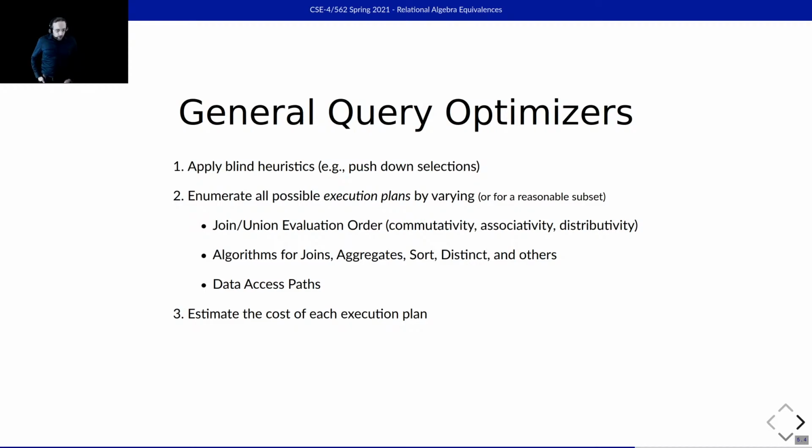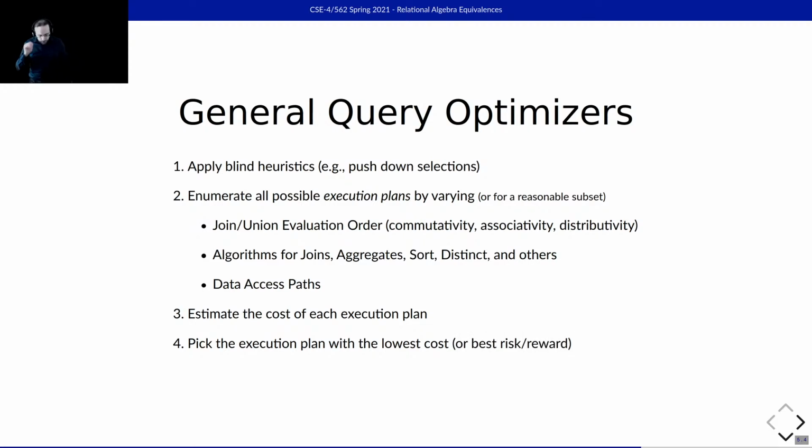Now, this is a really awkward estimate because we don't actually know how big the data is. We may know some statistics about the data, but we don't actually have a full runtime. So what we need to do here is make an educated guess about how long each is going to run, pick the one with the lowest cost, and that's the one that we actually convert into our final representation and execute.